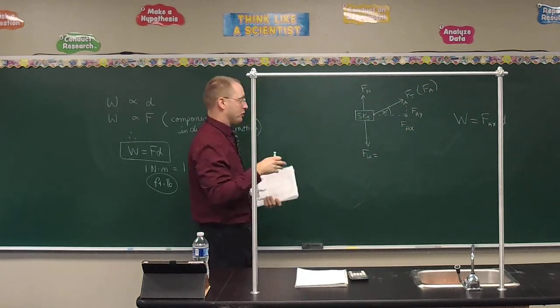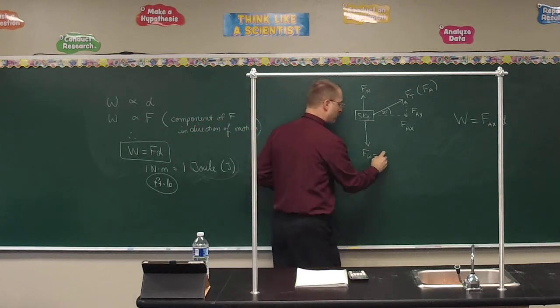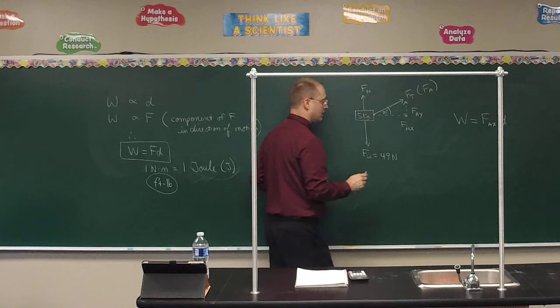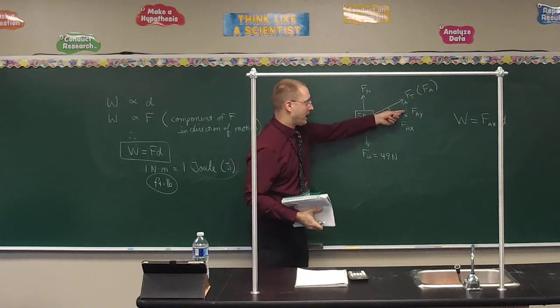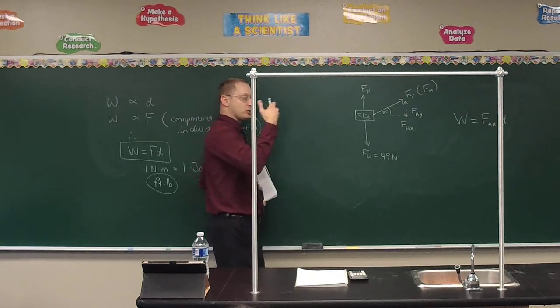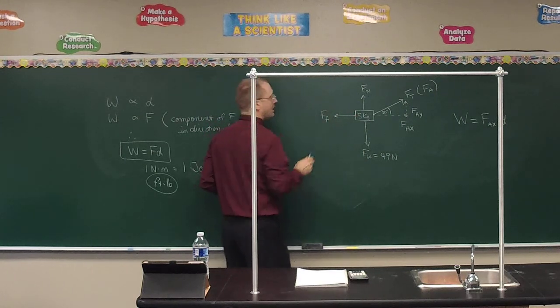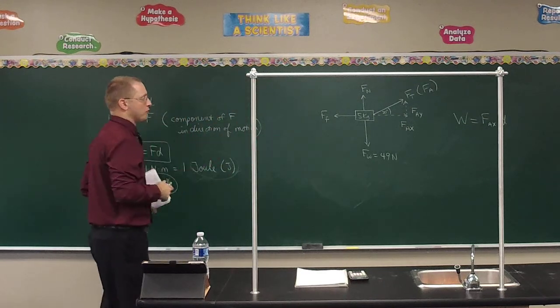Now we can calculate the weight very easily. 5 times the 9.8 comes out to 49 newtons of weight. So between the normal and the applied in the Y, that's going to add up to 49 newtons. And where there is normal force, there is also friction force, which is going to act opposite the motion. Now, once I know the normal force, I'll find the friction force.